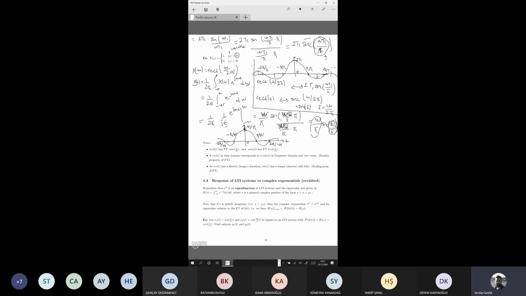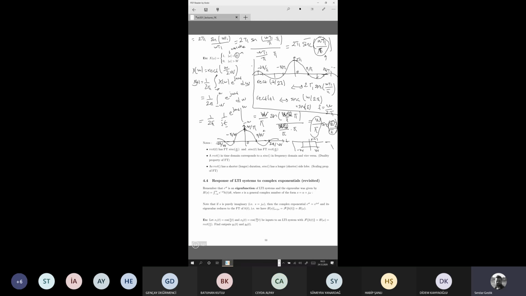As rect has a shorter duration, sinc has a longer one, and vice versa. So what does it tell you? In this case, what's happening if we increase omega? Let's plot X of omega. This is plus omega, this is minus omega. If you increase omega, this signal is extending.